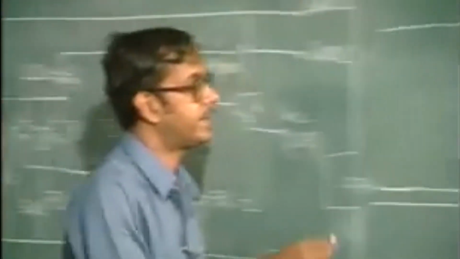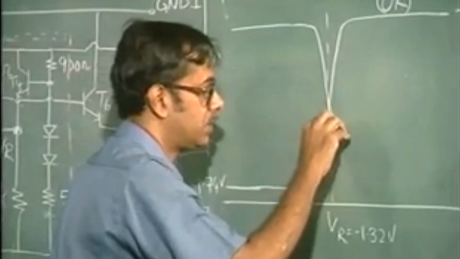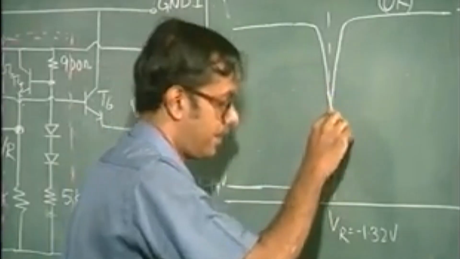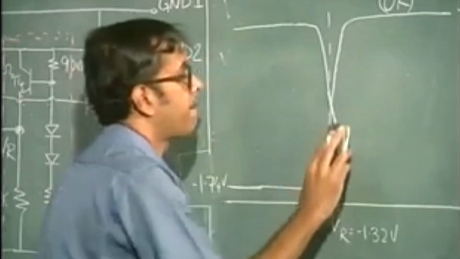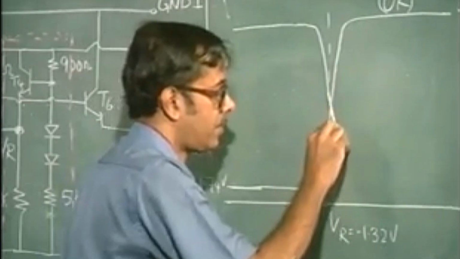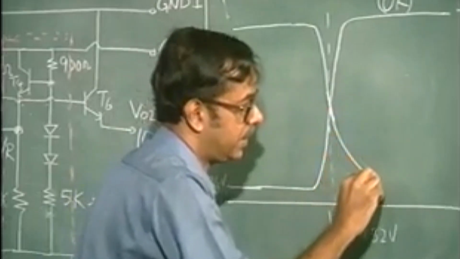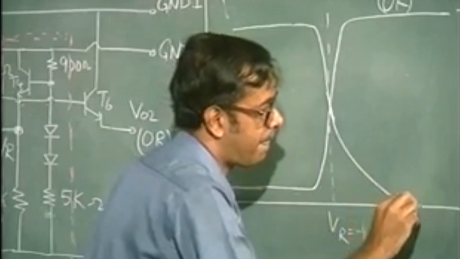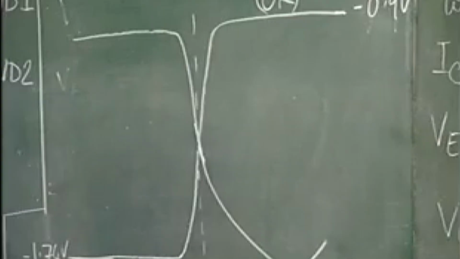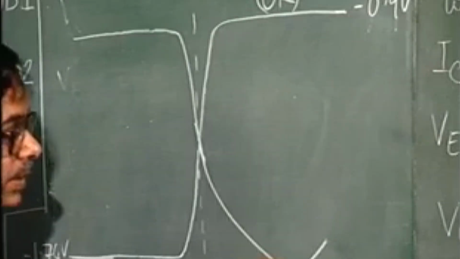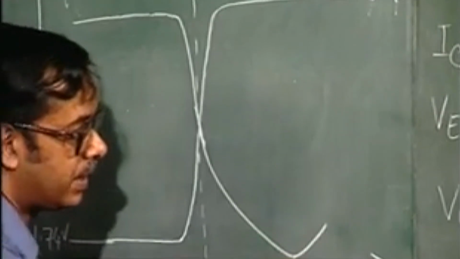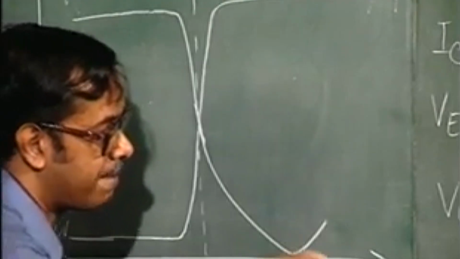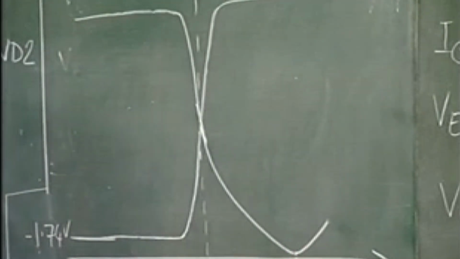So basically the characteristic which you have now is going to be something like this for the NOR output. It behaves like this, goes up like this. So this is minus 0.55 volts.